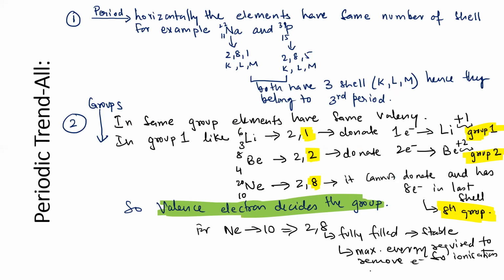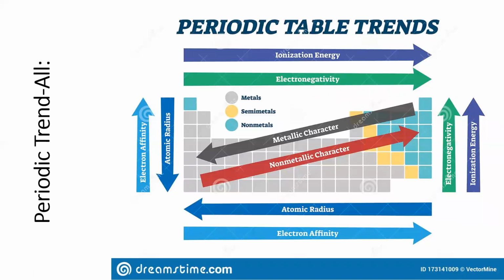Ionization energy is maximum. That is why we say the ionization energy increases this side. Okay, we understood this one.